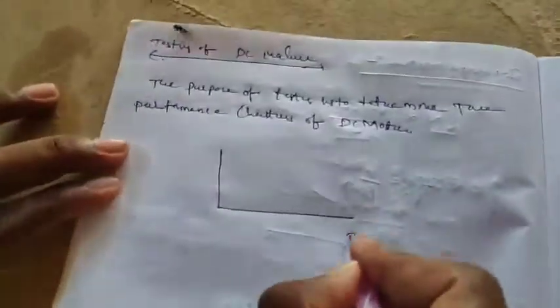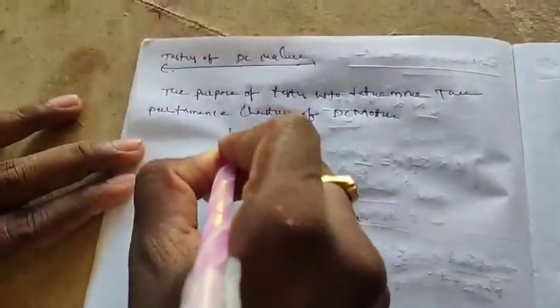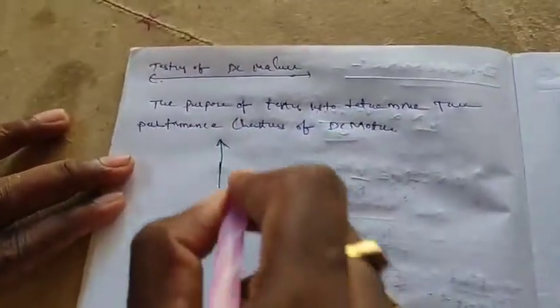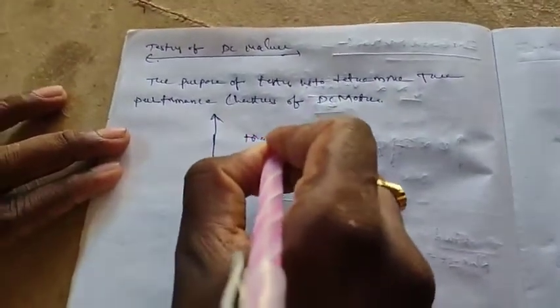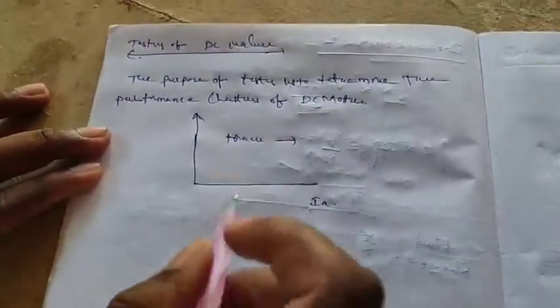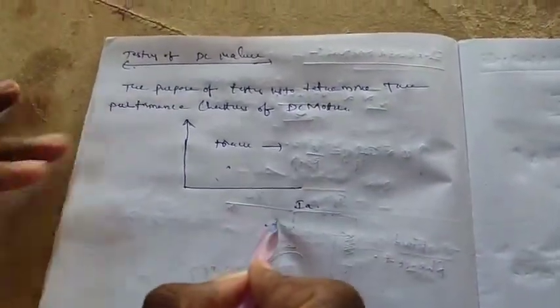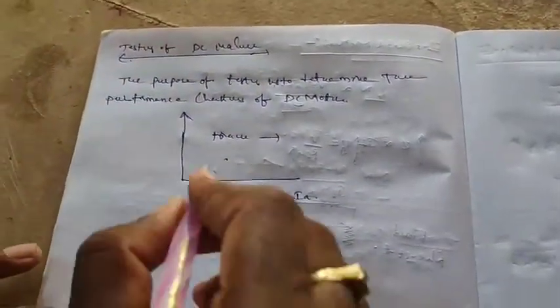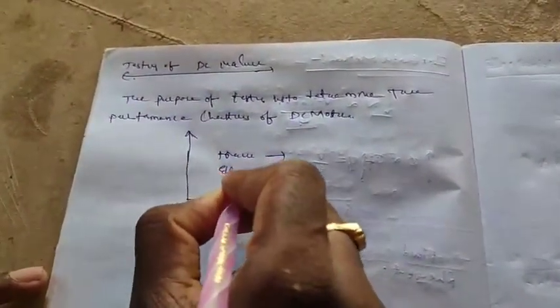For a DC motor, for example, I am taking the armature current or output. What is the value of torque? The torque increases or decreases with respect to Ia. What is the value of efficiency?